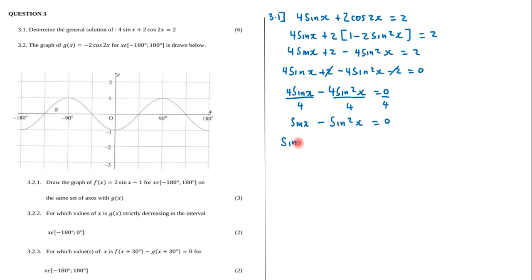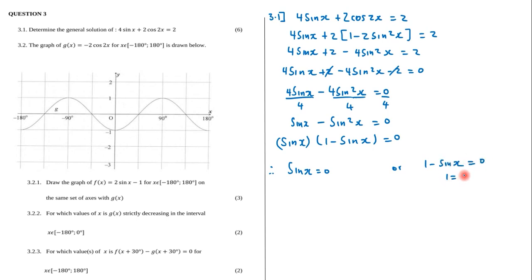Then I can see now here I can factorize by taking out a common factor, which is sine x. And this will leave me with 1 minus sine x equals 0. So what does this mean? This means sine x is 0 or 1 minus sine x is 0.